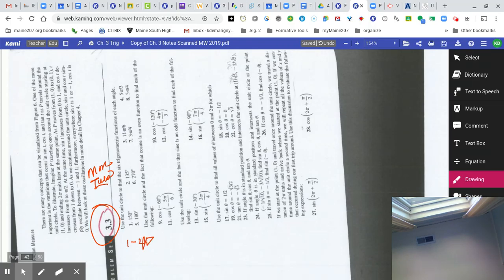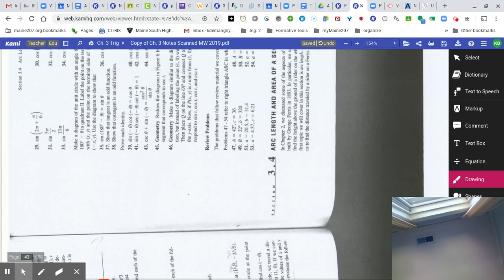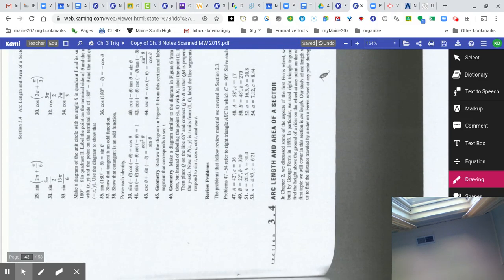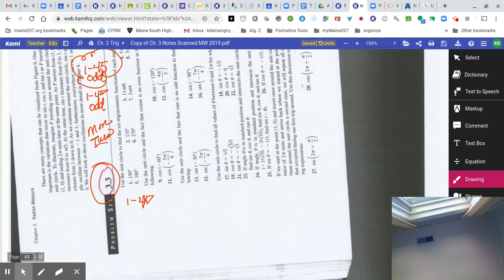All right, so 1 through 45 odd. So you'll make it to right here. Okay, and that's your last homework assignment of this particular trig course.